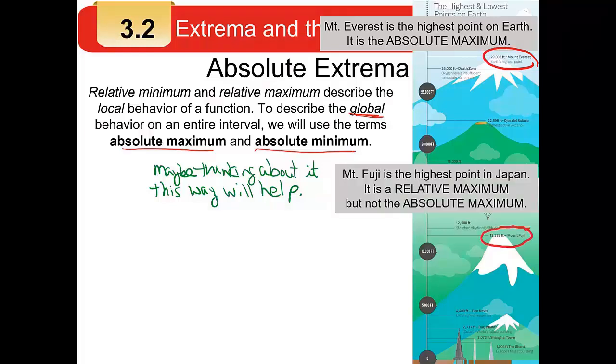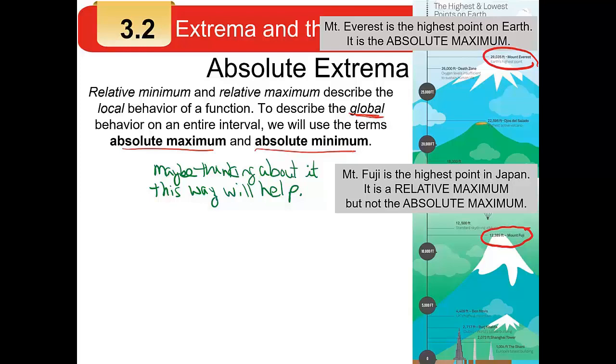On the other hand, if you look down a little further, you can see that Mount Fuji, although not nearly as high as Mount Everest, is still the highest point in Japan. That would be a relative maximum. In the local area, Mount Fuji is the highest point. But globally, Mount Everest is the highest point. Think about that. That's the major distinction.